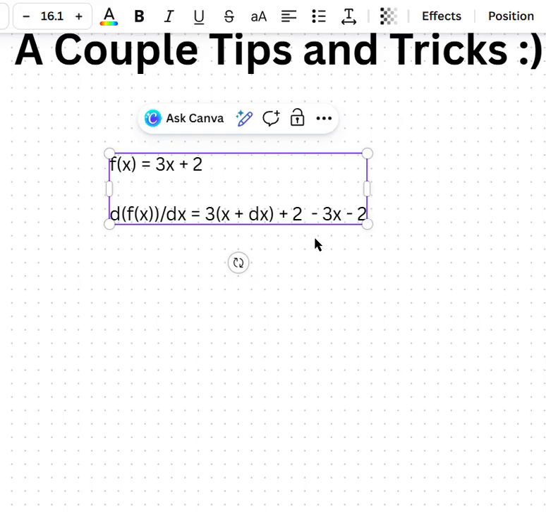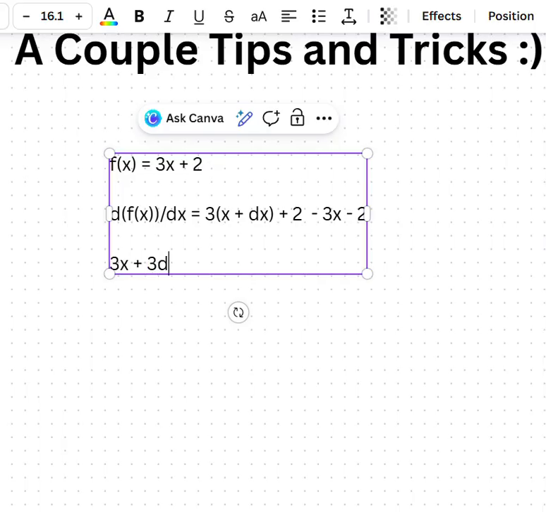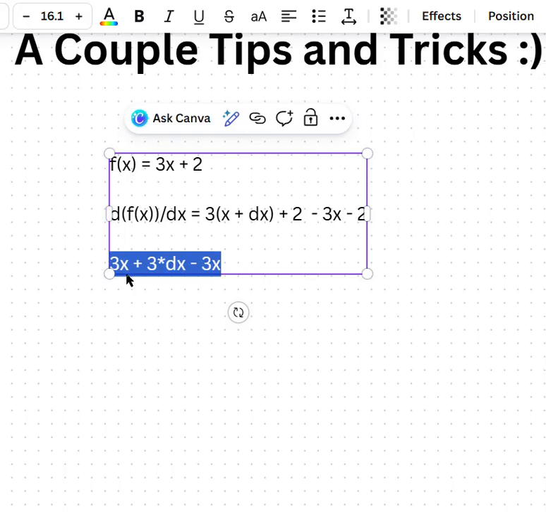Then if we distribute the 3 into x and delta x, this equals 3x plus 3 into delta x, and then plus 2 and minus 2 cancel out, so it becomes 0, and minus 3x. This is our result.